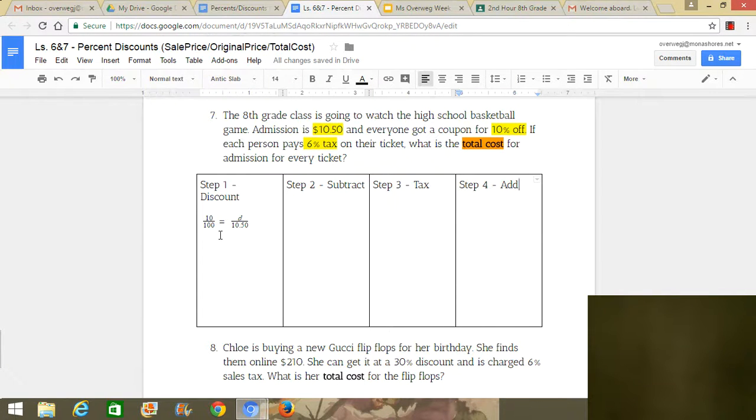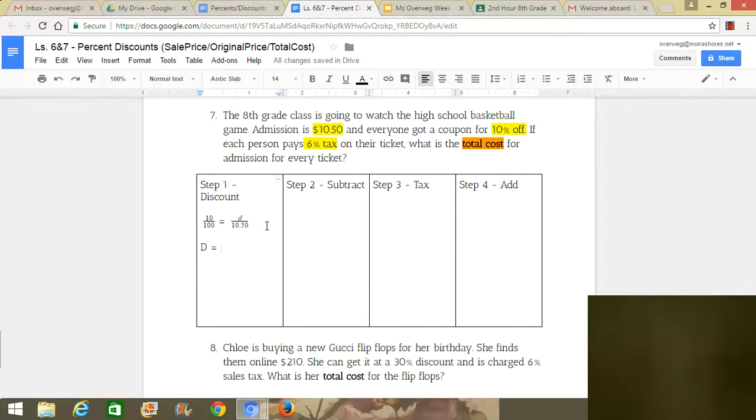Next, what we need to do, once we have our proportion set up, is to cross multiply and divide. So we are going to do 10 times 10.50 divided by 100 to get the cost of the discount, what D equals. I'm going to do that on my calculator along with you.